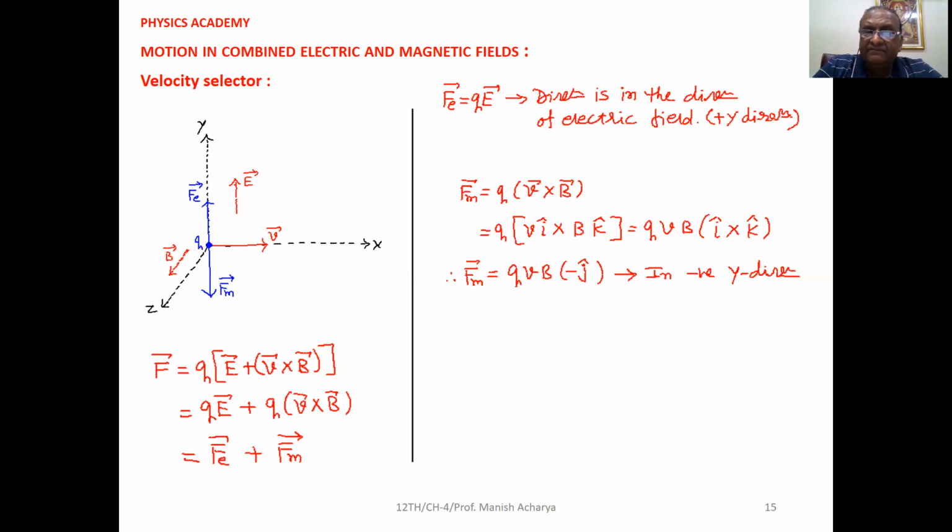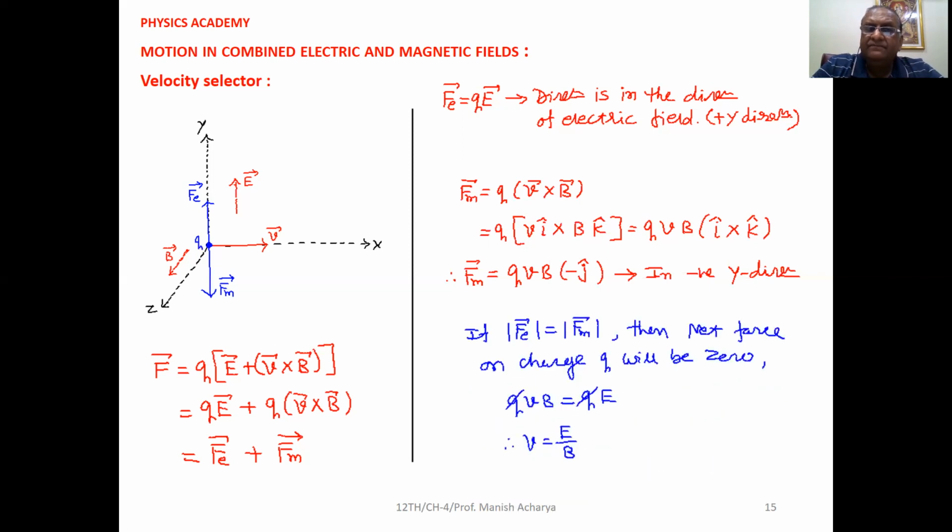Now see here, suppose we consider the magnitude of these two forces is equal. So in that particular case, the net force on the charged particle will be 0, and the charged particle will move with constant velocity.